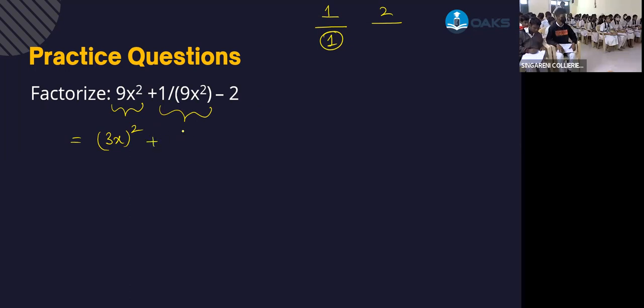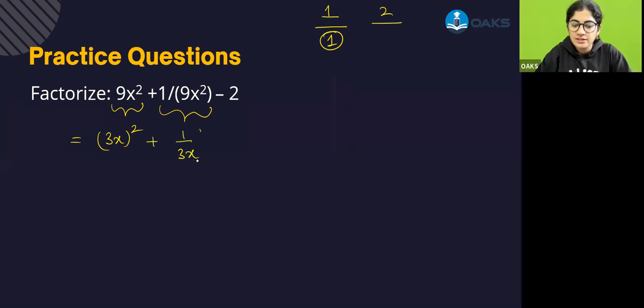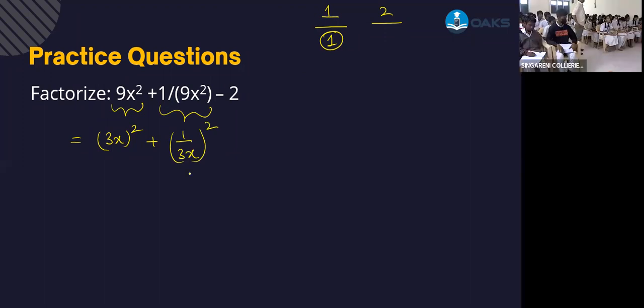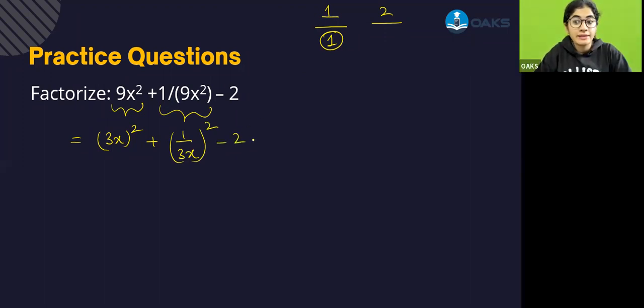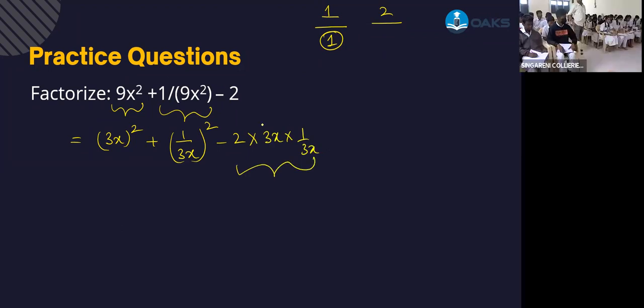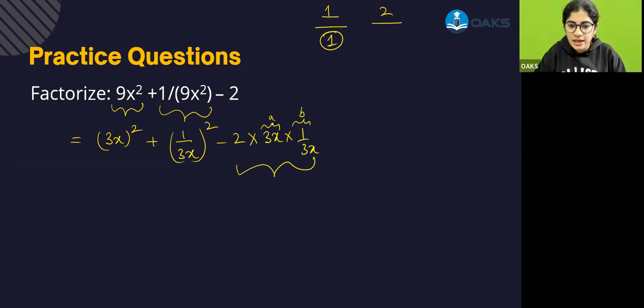And for the second term, can I write as 1 over 3x whole square? Yes. And for the -2 part, now I am remembering the identity. This is 3x into 1 by 3x. Now when I solve this, do I get -2? Yes.